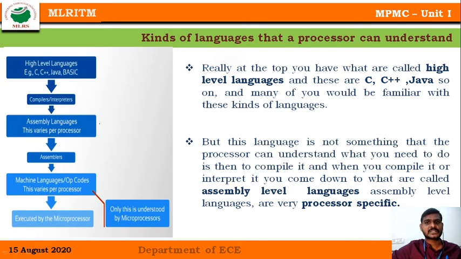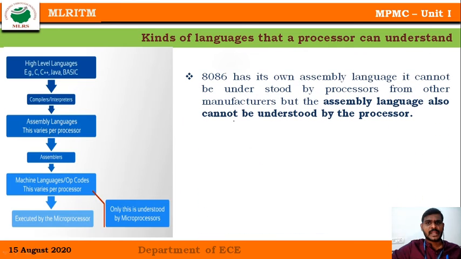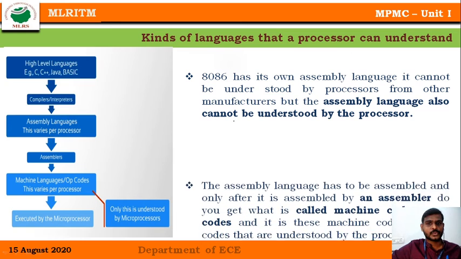Since assembly language is processor specific, the 8086 has its own assembly language, which cannot be understood by processors of other manufacturers. But assembly level language also can't be understood directly by the processor. So what do we need to do?